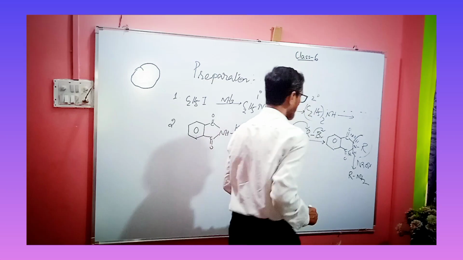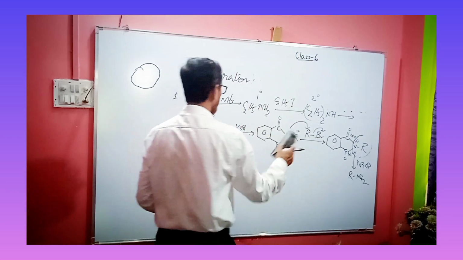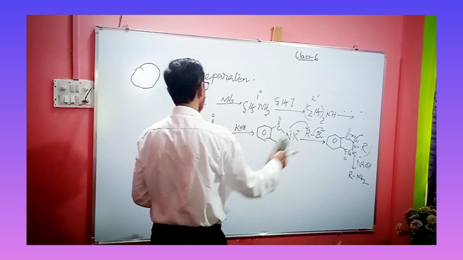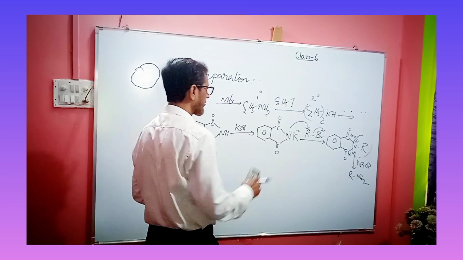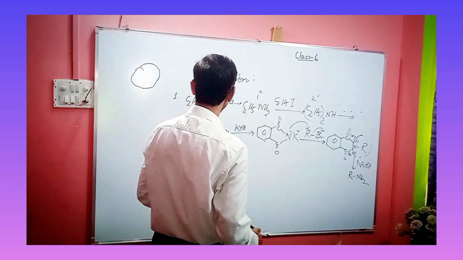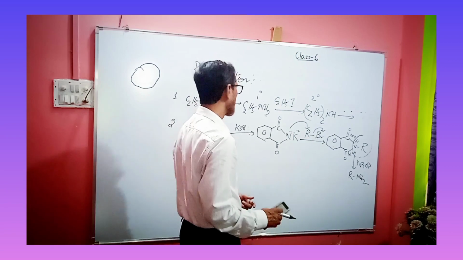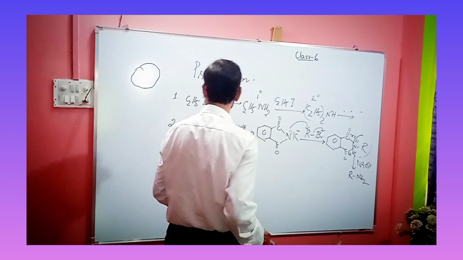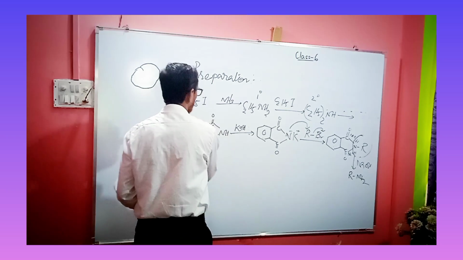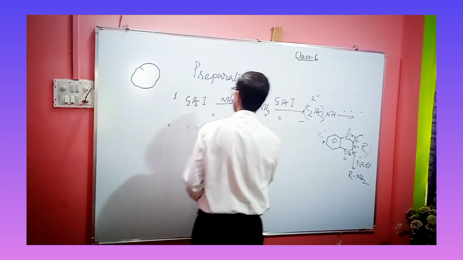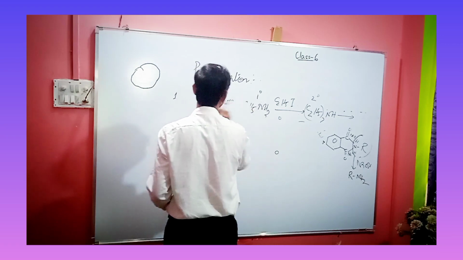RNH2. Mind that it was amine, and it is only primary amine of type 1 degree. So in this process we cannot get aromatic primary amine. Aromatic alkyl halide cannot be easily substituted by this method. So that was second.